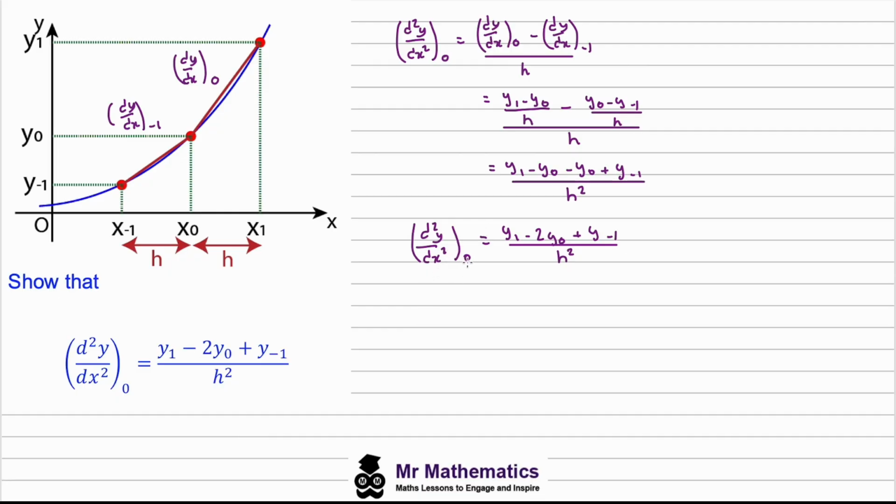If we have x0 as our base, our current iteration, then d squared y over dx squared at our current iteration n will be approximately, I should have said this should be approximately here, the next iteration, so yn plus 1, minus 2 yn, this y0 is our current iteration, plus the previous iteration, so yn minus 1, all over h squared.